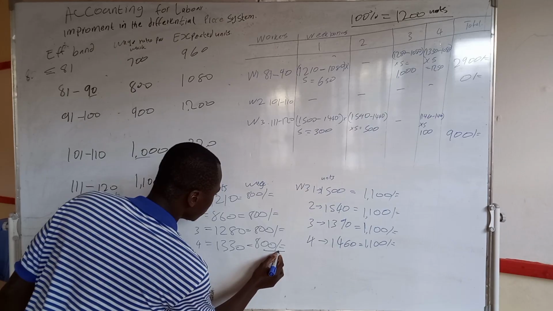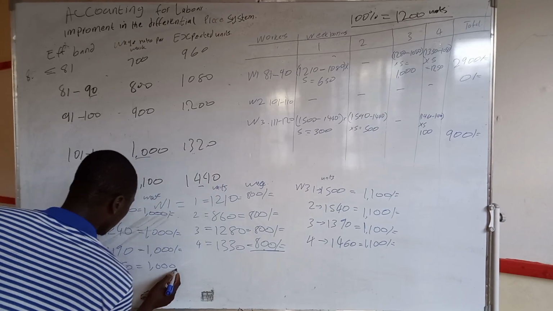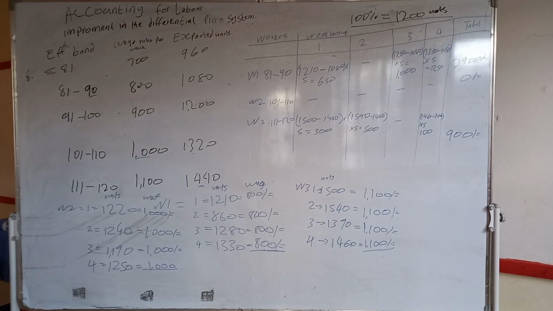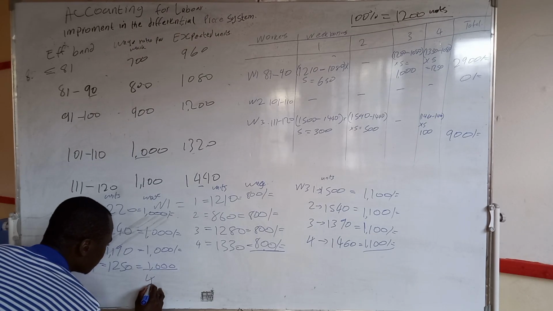The fixed one, you do the fixed. Let us do the total for the fixed. This is 1,000 times 4. This brings us 4,000.